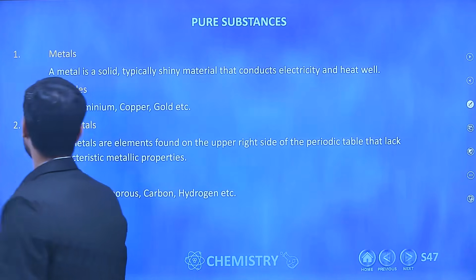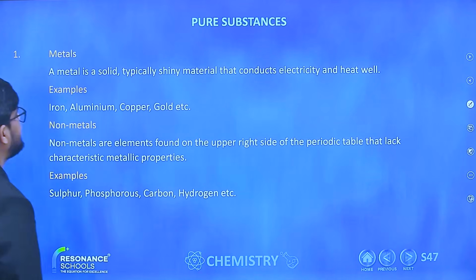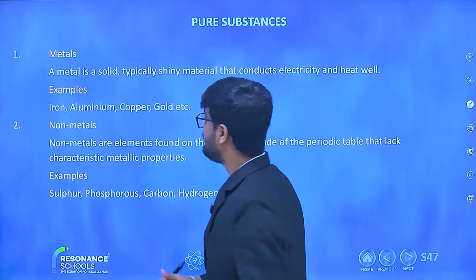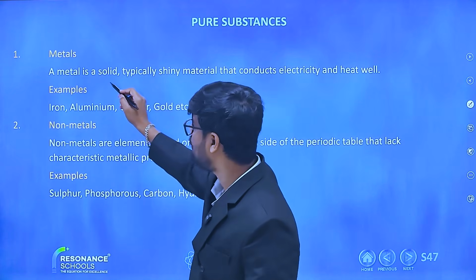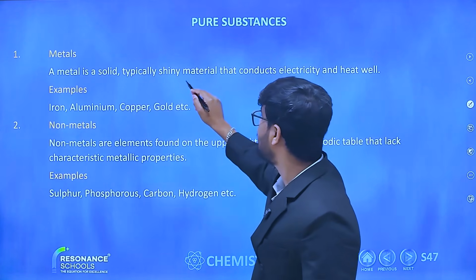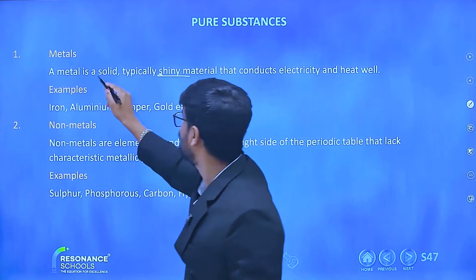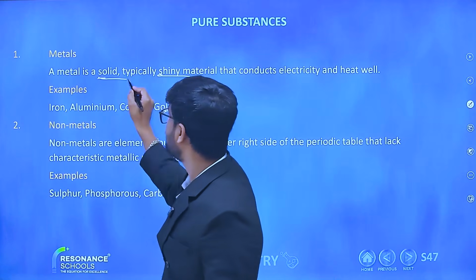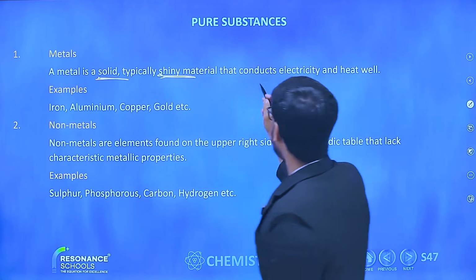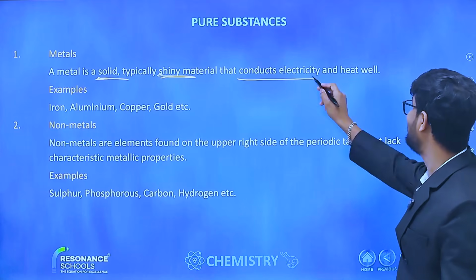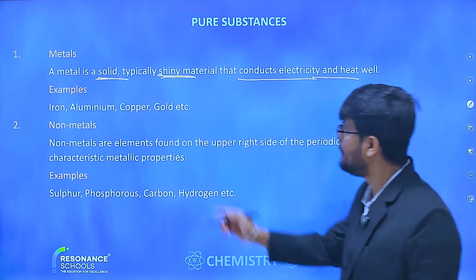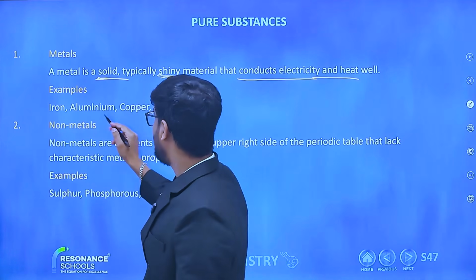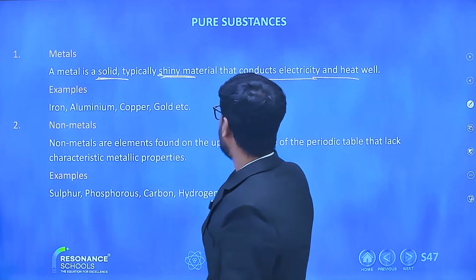Some definitions we have. A metal is generally a solid, typically shiny. So underline this: solid, shiny material, conducts electricity and heat. Examples: iron, aluminium, copper, gold.